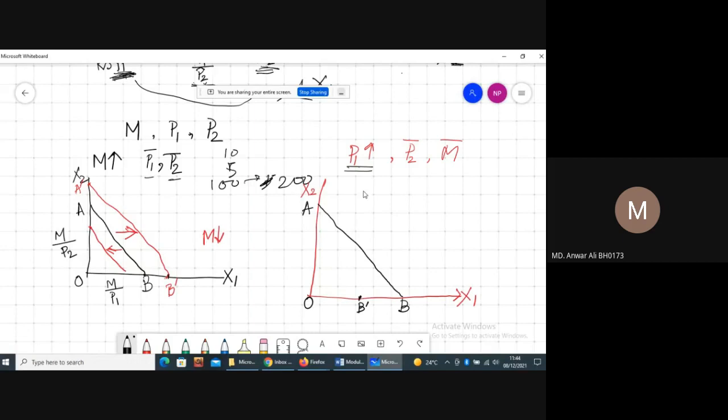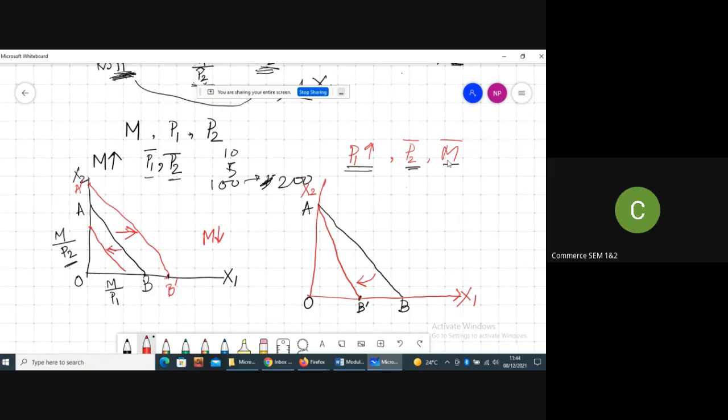It will remain constant, unchanged, because money income is not changing and P2 is not changing. So this OA is nothing but M by P2, so this distance will remain the same. So your new budget line will be A and B prime, something like this. It will rotate clockwise like this. Understood? Yes, sir.